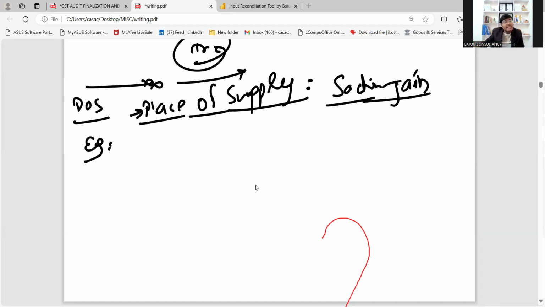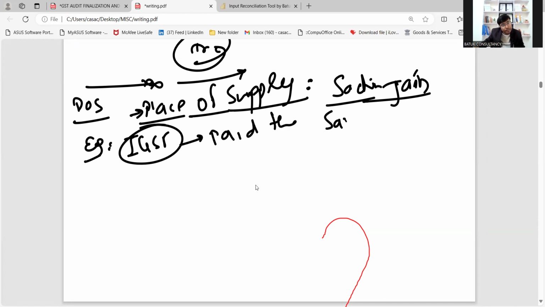In that case I have charged IGST and paid the same to the government. And this supply is related to financial year 2021, and you are doing the audit of mine for 2021.